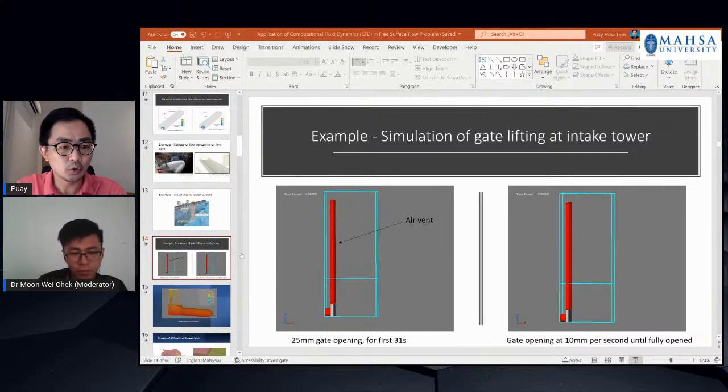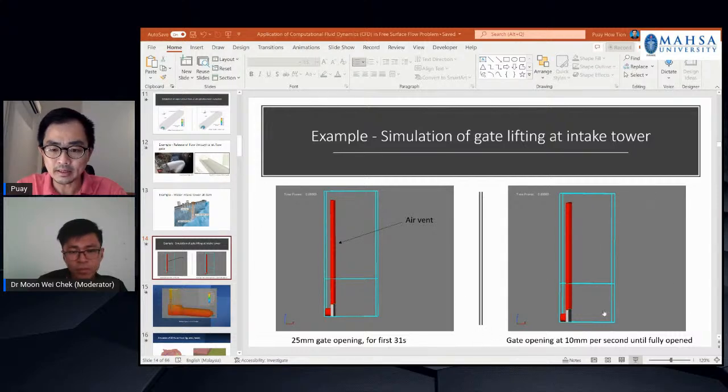This is when the gate opening is 25 mm. However, if we open the gate slowly at 10 mm per second, you will see that the water doesn't shoot up the air vent as high as in the initial case.